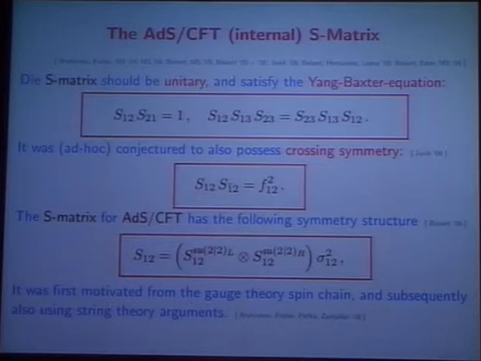And then Beisert showed that the symmetry of the S matrix is SU(2|2) squared times the dressing phase. And the same structure was discovered also on the string side, in particular in work by Arutyunov, Frolov, Plefka, and Zamaklar, and further papers by Gleb and Sergey. So we have the same structure here.